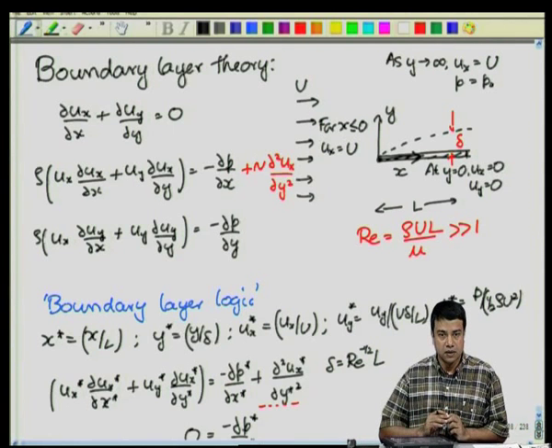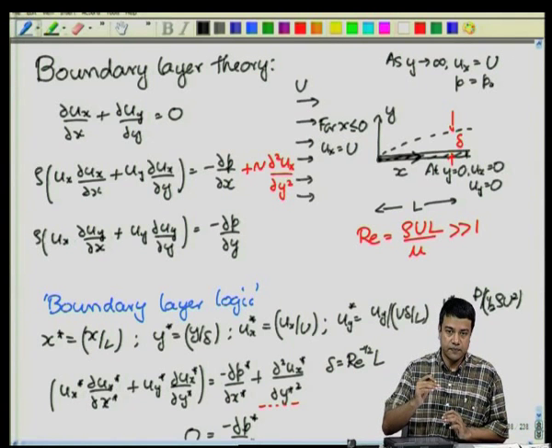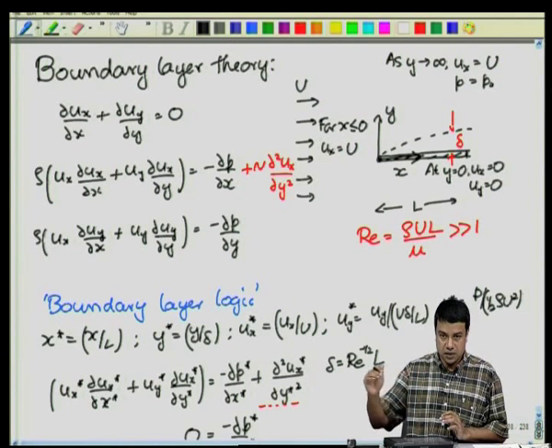So, the y momentum equation is telling me that the pressure is invariant in the y direction. However, if I go far from the surface, the pressure does not change with x. The pressure is constant at any streamwise position as I go far from the surface.